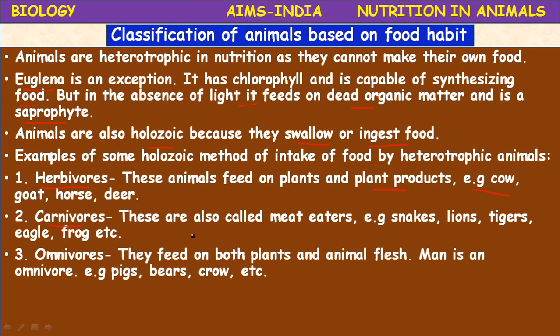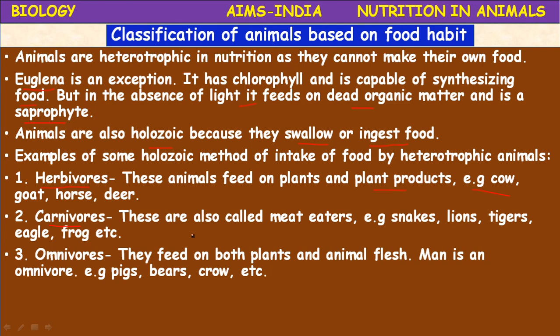Next, omnivores. Omnivores means these are the animals which feed on both plant and animal food materials. Example: human being. Man is an omnivore. Crow, bear, pigs, ants, cockroach.